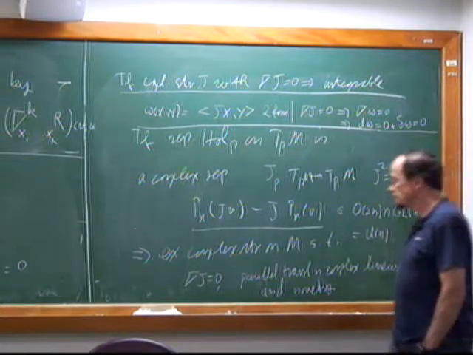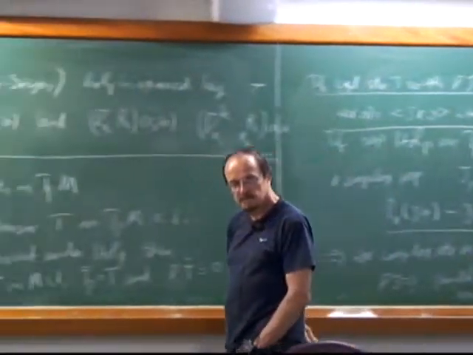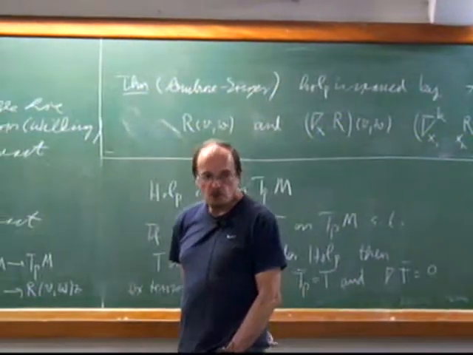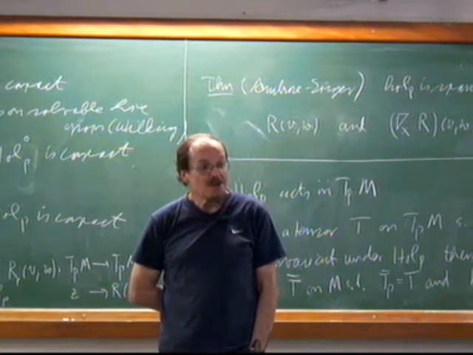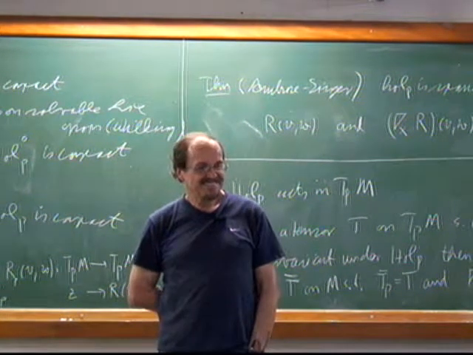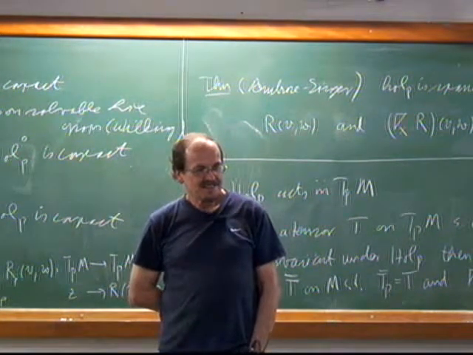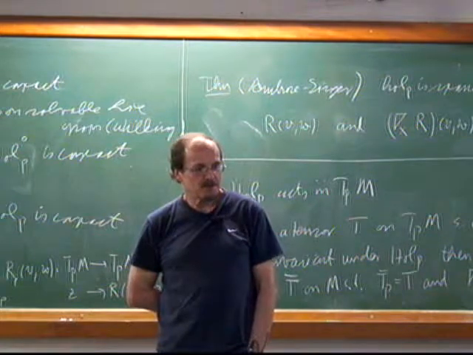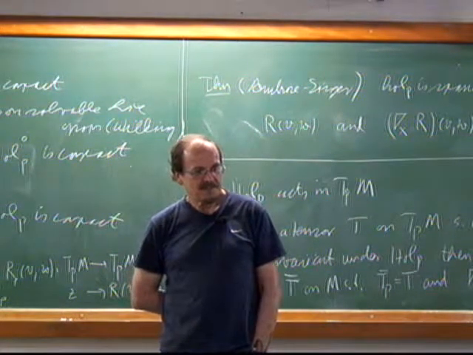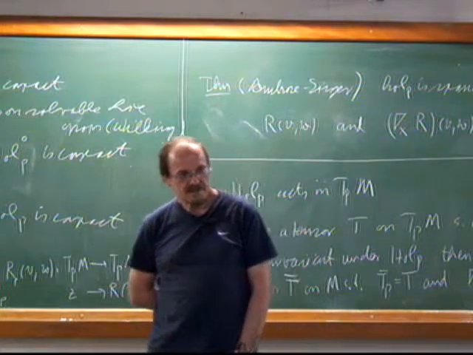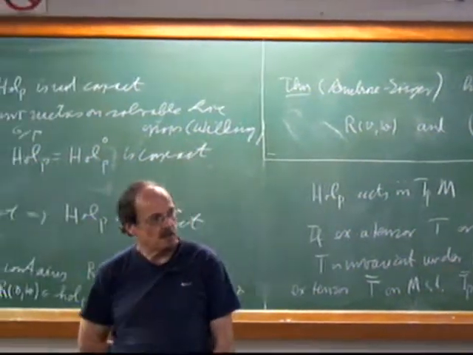And parallel transport preserves the orientation, because it's complex linear. Anything in U(n) always preserves the orientation. That's not an additional property. In particular, such a manifold must be orientable.